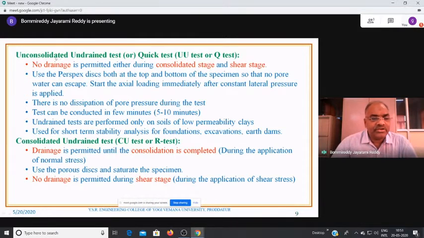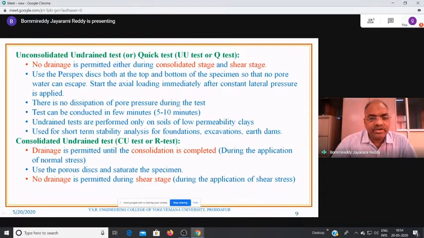So unconsolidated means there is no drainage while applying the axial load or the normal stress. For consolidation purposes, the only force we apply is normal stress.